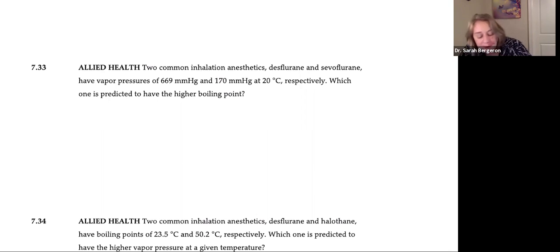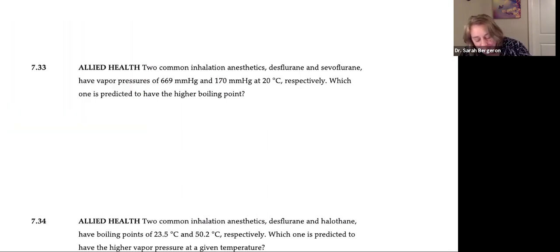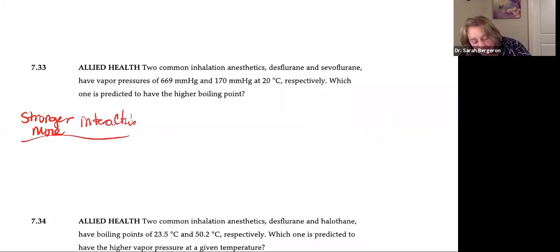So remember, if it's stronger or more interactions, you're going to have a higher boiling point, a lower vapor pressure, and a higher melting point, right? So what did they tell us?